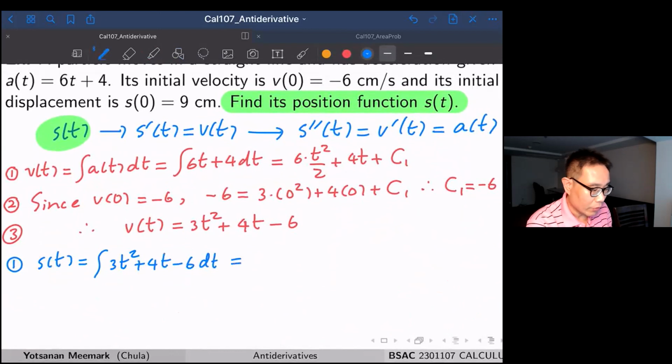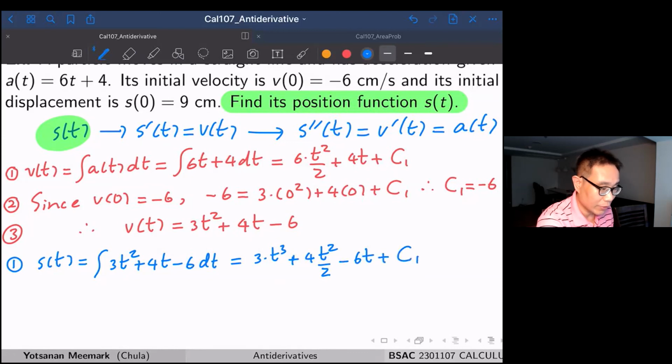So you integrate 3t squared, so it's going to be 3 times t cubed over 3 plus 4 times t squared over 2 minus 6t plus C2. Not C1, C2. Did I integrate everything right? Yes, it's correct.